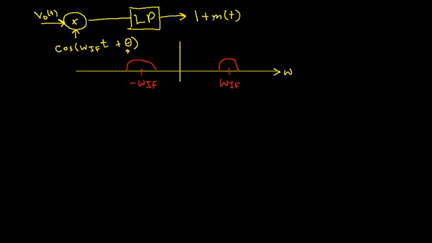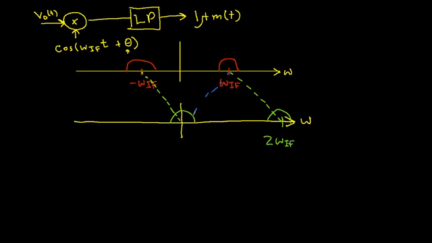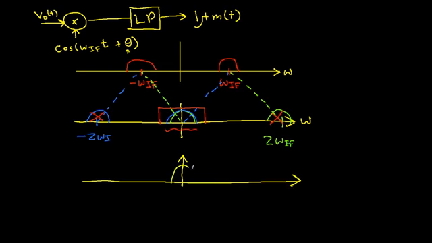So multiplying by a cosine, as we've already learned, makes copies and shifts them in frequency. I end up with the bumps at the origin that contain my signal. And then I use the low-pass filter to remove the unwanted frequencies at 2 omega IF and minus 2 omega IF, and that gives me the signal I was trying to get. Now, I have sort of cheated.